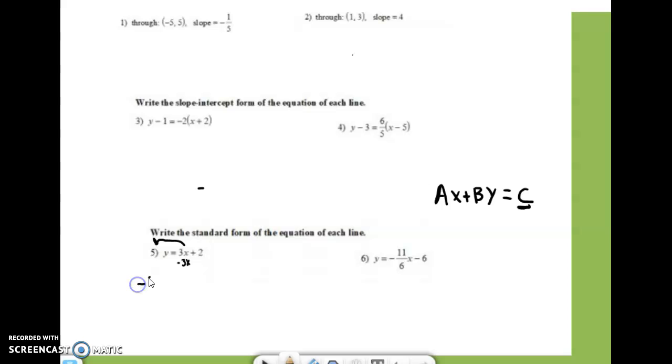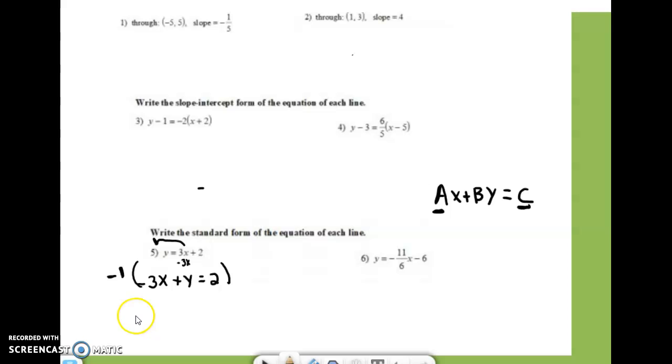So if I'm going to subtract 3x, I have negative 3x plus y equals 2. All right. Now, I'm almost there. The only thing is it says that A cannot be negative. If you'll notice in here, A is negative 3. So to get rid of that, all I'm going to do is multiply everything by negative 1.